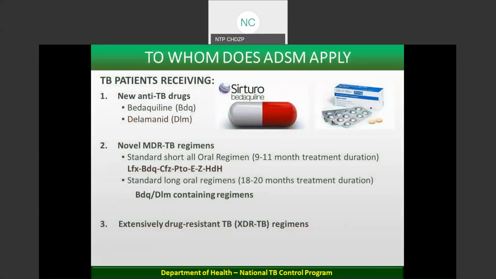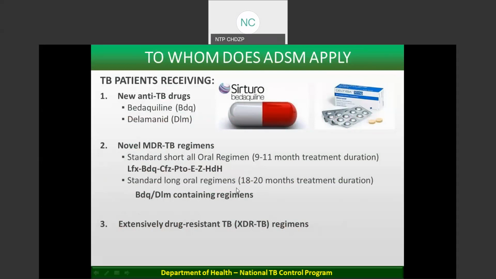Okay, to whom does aDSM apply? This applies to all TB patients receiving new anti-TB drugs, novel MDR-TB regimens, and extensively drug-resistant TB regimens. So, what are the new anti-TB drugs? Examples are bedaquiline, or what we know as BDQ, and delamanid.